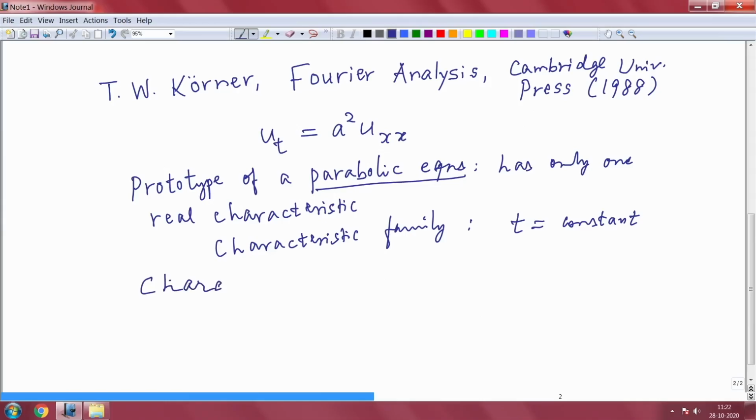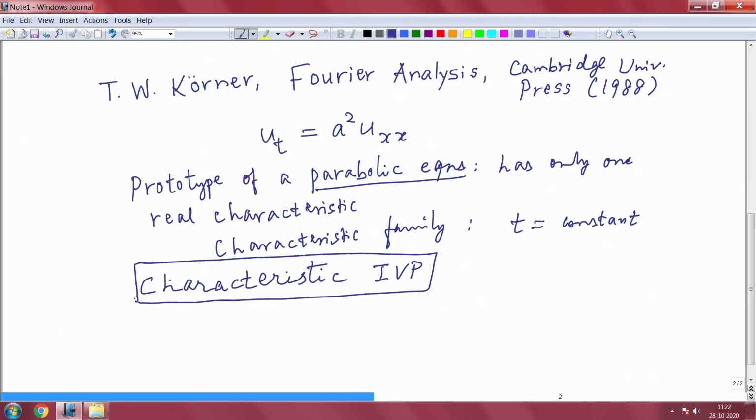I stress this, because we are prescribing the initial values on a characteristic; t equal to 0 is also a characteristic. Mathematically, such characteristic initial value problems may fail.